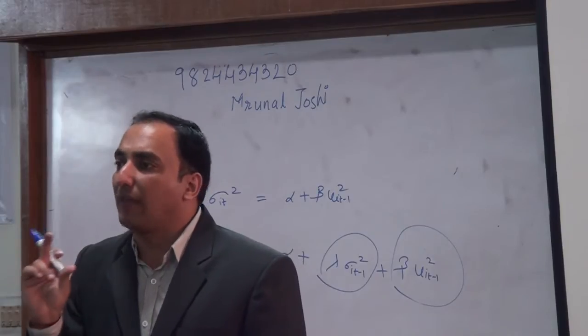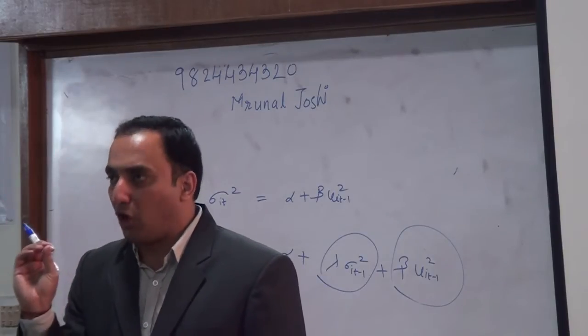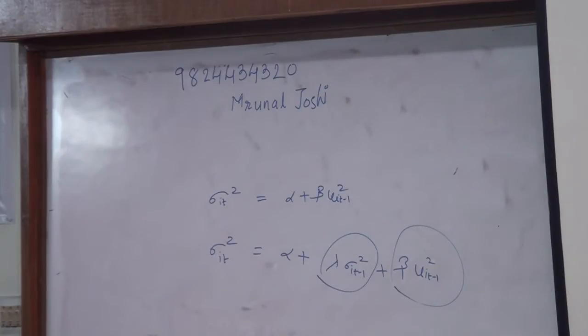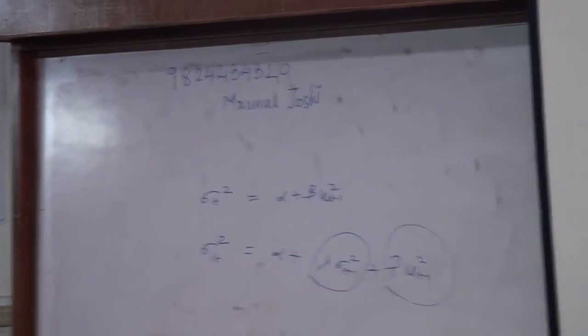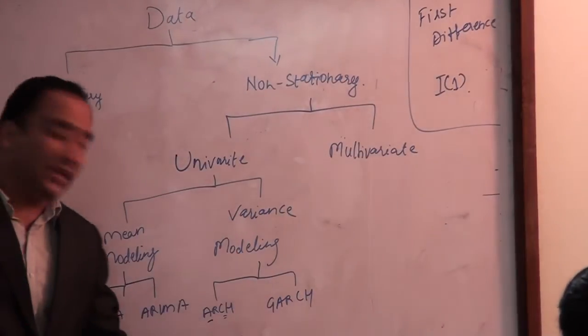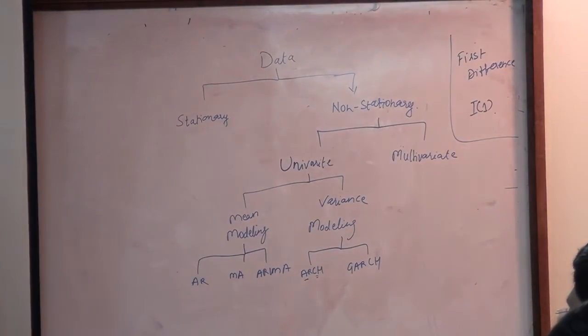That coefficient lambda in dynamic panel is very small, 0.1, 0.2, something like that. Then moving average means there is a problem in my error term, not the square of the error term. Always remember, in AR and MA it is the mean and the error term in their base form. In variance, it is the square of the error term; it is the variance of the error term.